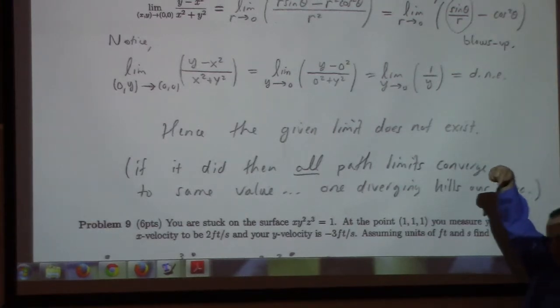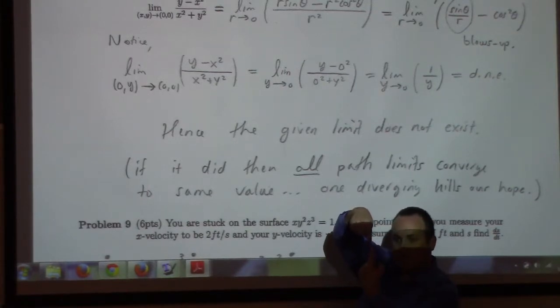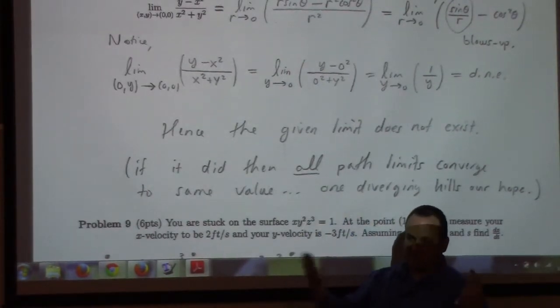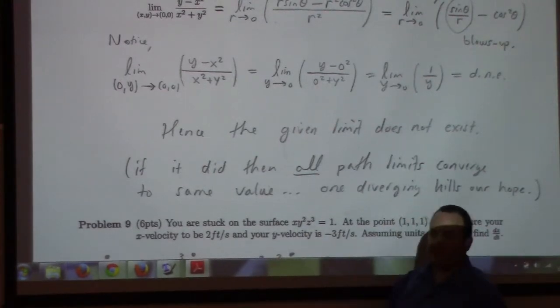So that one approach to 0, 0, giving you infinity or minus infinity, is enough to kill the whole thing. Because if the limit exists, all possible different directions have to give you the same thing.